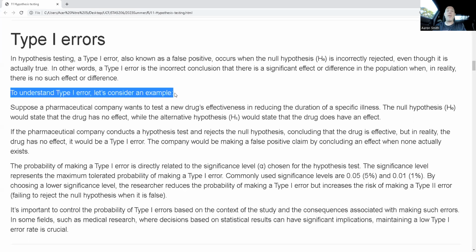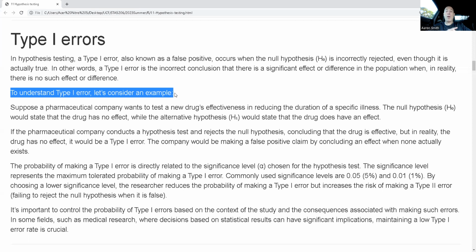The company would be making a false positive claim by concluding an effect when none actually exists. The probability of making a type 1 error is directly related to the significance level chosen for the hypothesis test. The significance level represents the maximum tolerance probability of making a type 1 error.